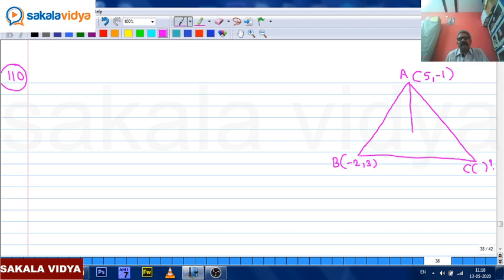Orthocenter given, this H is 0 comma 0, the orthocenter. Now we need to find out C.